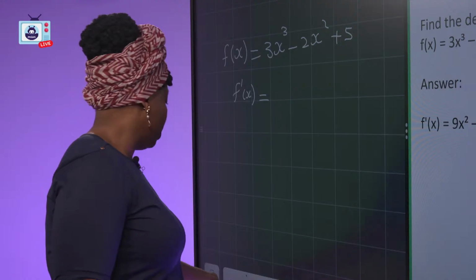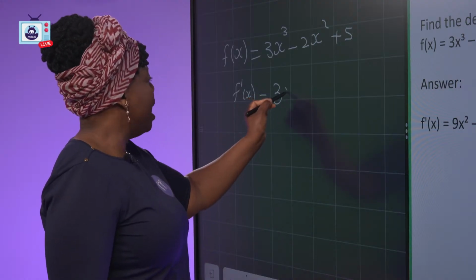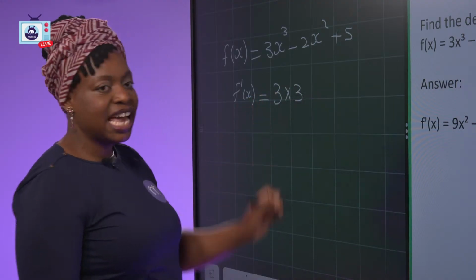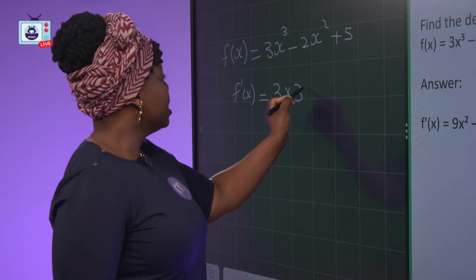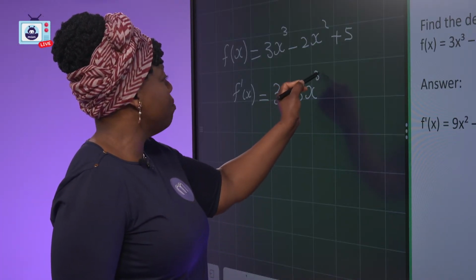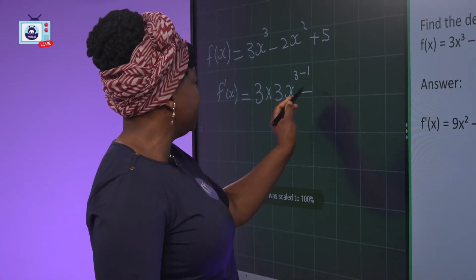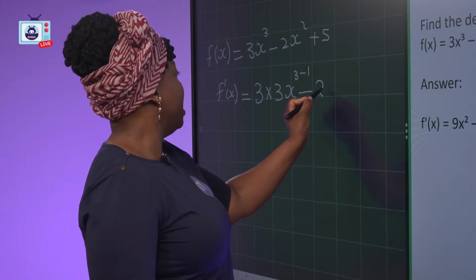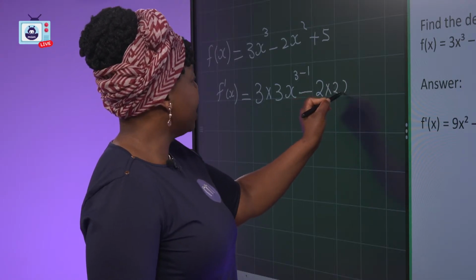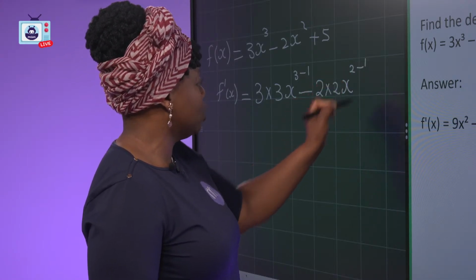So what I'm going to do is have 3 multiplied by the 3 that is at the exponent, then x to the exponent 3 minus 1. Same applies to the rest. I'm going to have minus 2 multiplied by 2, x to the exponent 2 minus 1.